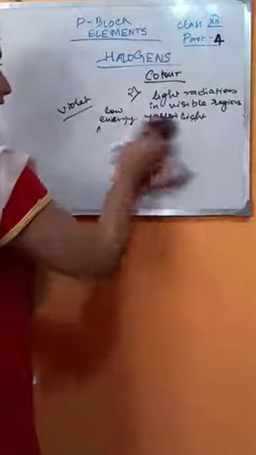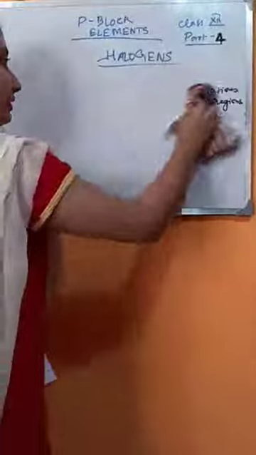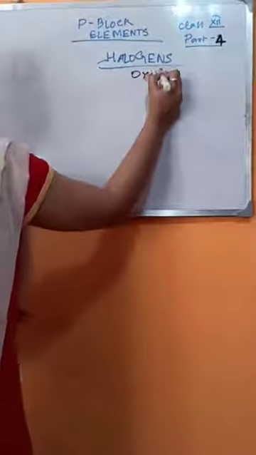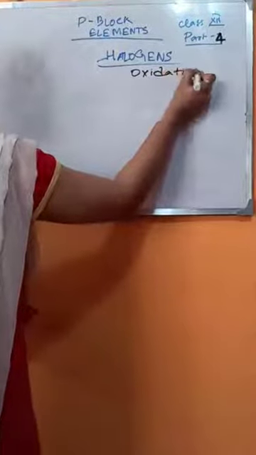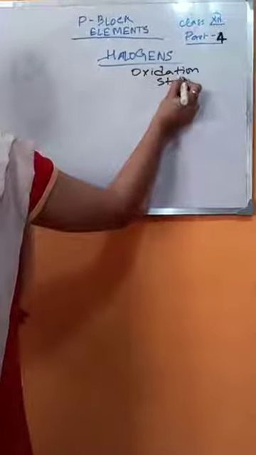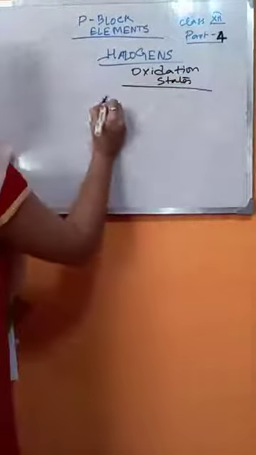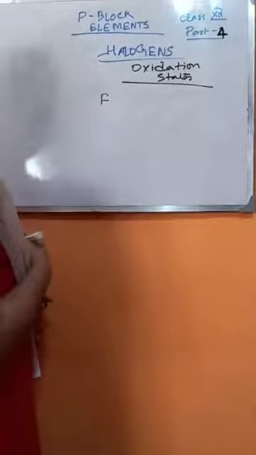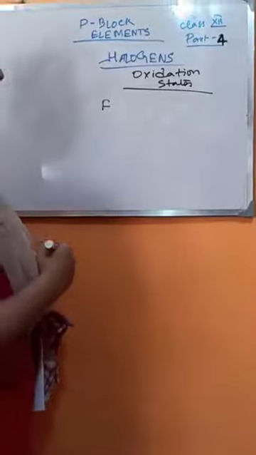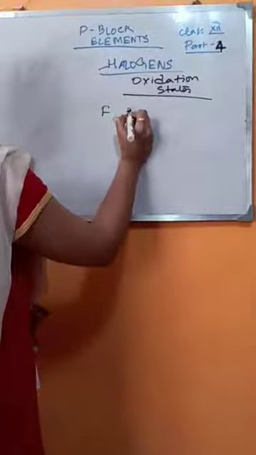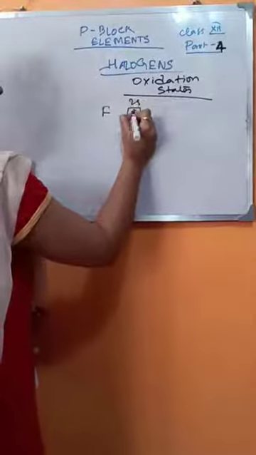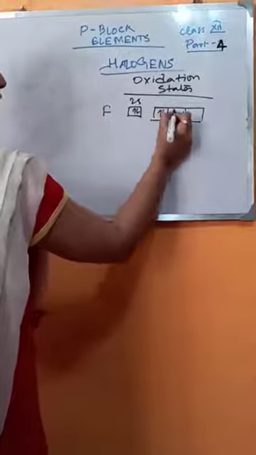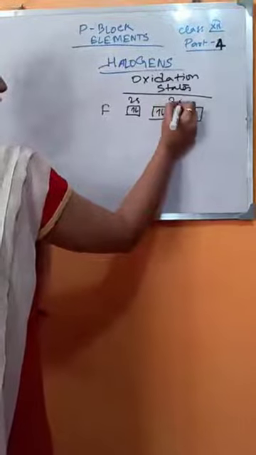Now the last point, which is the oxidation states. Fluorine is different from the others because fluorine does not have energetically accessible vacant d orbitals. Fluorine only has 2s and 2p orbitals.